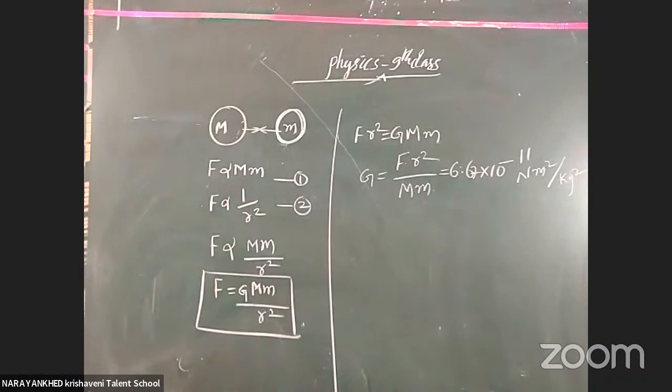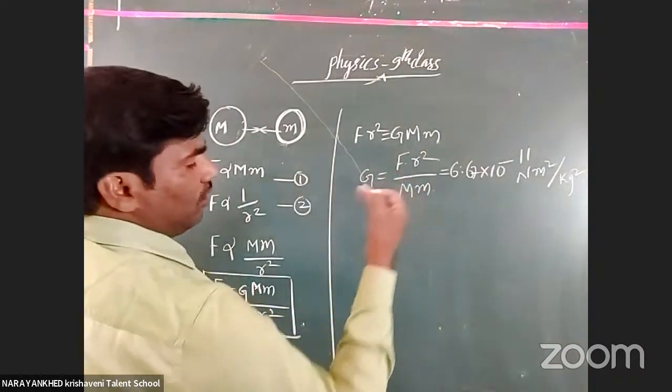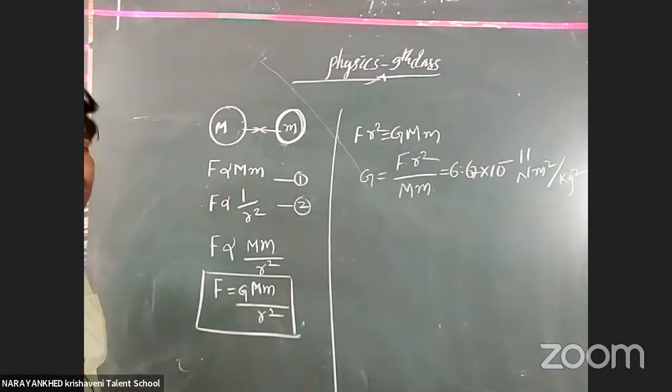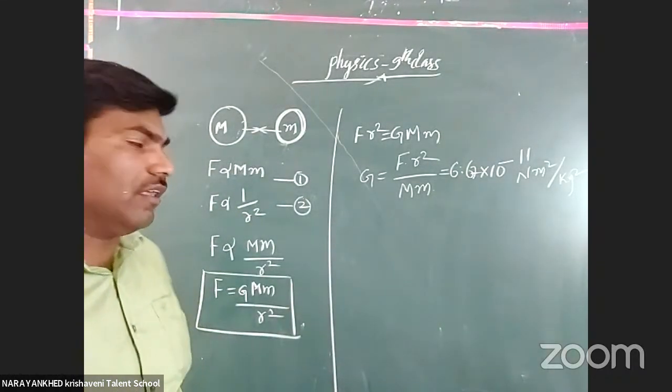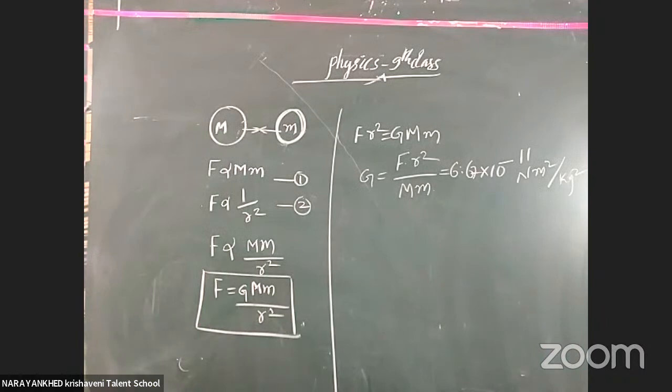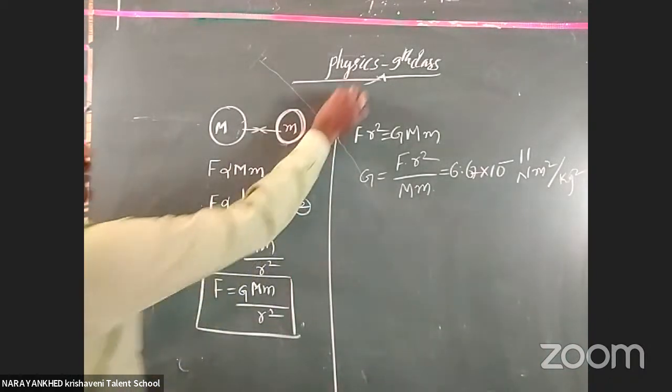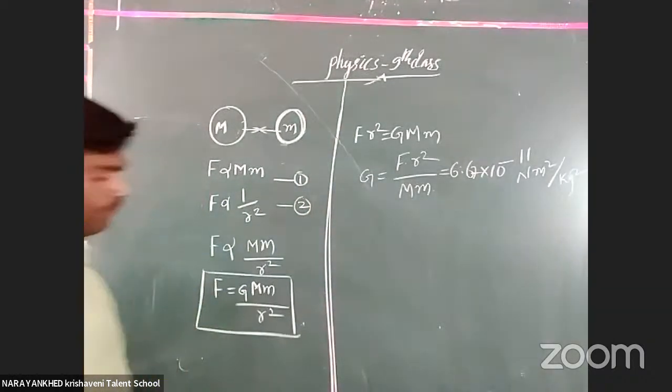And here there are some dimensions for it. It also contains some particular properties, and we already have everything. This is only about our Newton's gravitational law.